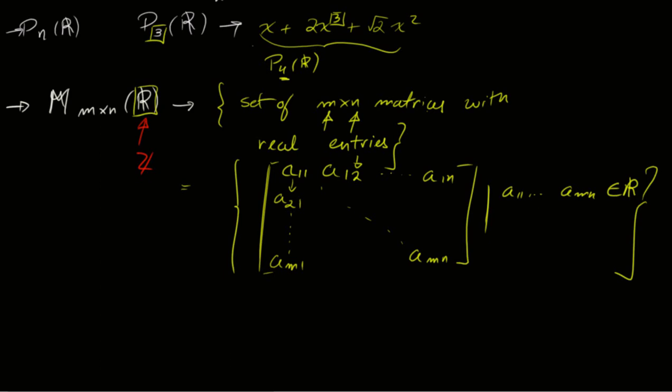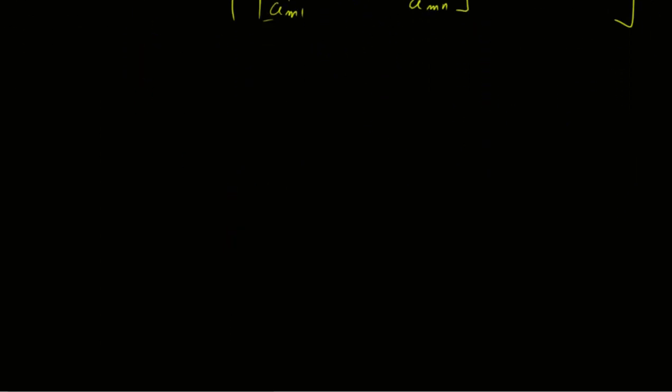And so how do we define our basic operations in m by n? Our basic operations. Remember, we have vector addition and scalar multiplication.